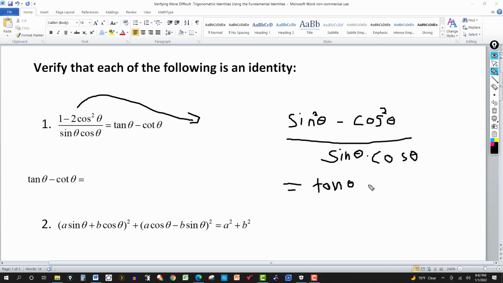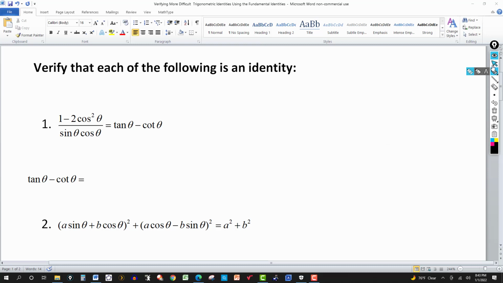But cosine theta over sine theta, that's your cotangent of theta. And that's what I want: tangent of theta minus cotangent of theta. So this one I actually did both ways, but you just need to do it one way. Pick the right side or the left side and show how it simplifies to the other side.